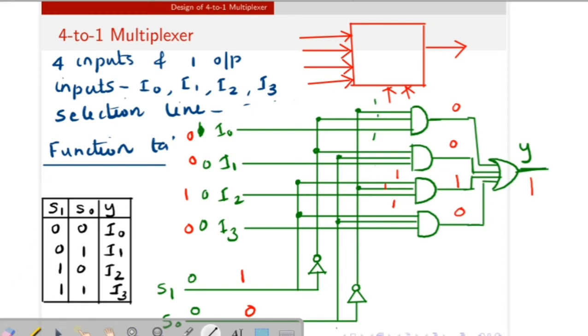Here write 4 by 1 mux. Inputs are 0, 1, 2, 3. Selection lines are S1, S0. Here is the output Y. So these are the inputs and these are the selection lines. Right? So this is the block diagram for the 4x1 multiplexer.